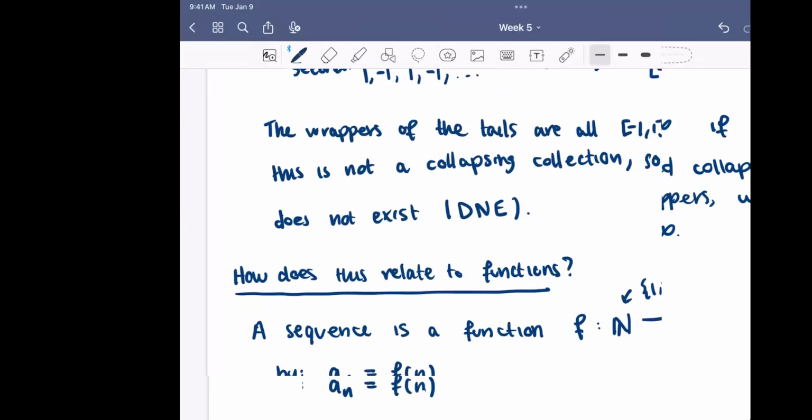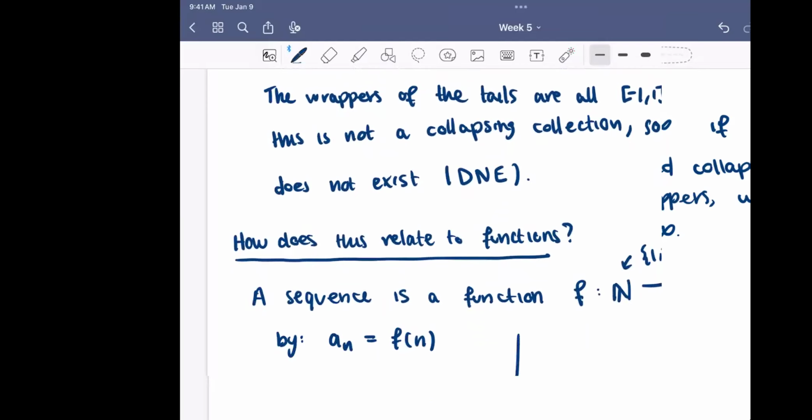Using this kind of thinking, you can graph your sequence. If we look at the plane, you would just have dots in your graph. So that would be your sequence. Let's say a sub n is 1 over n.